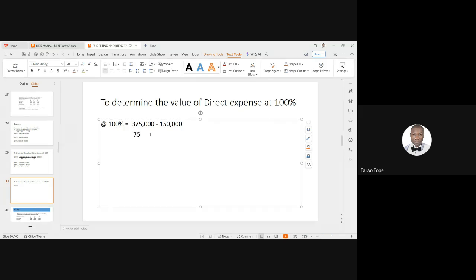Divide by 75% minus what? Minus 30%. So when we do this, the result will be what? 500,000.